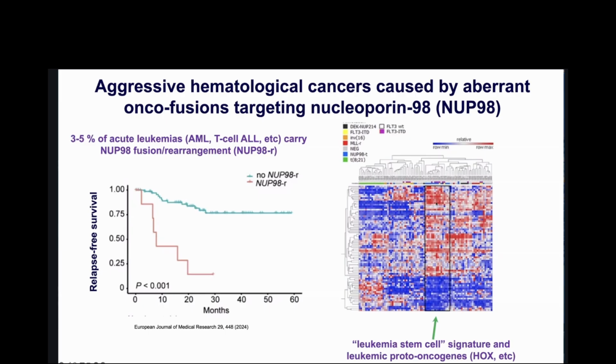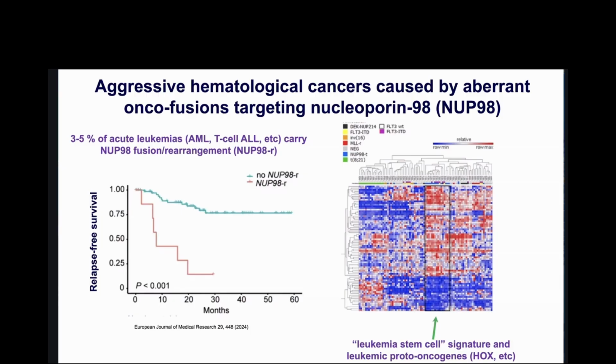And transcriptome-wise, we also know why that is the case. When you look into patient samples with the NUP98 translocation, you can see these leukemic samples express a lot of the so-called leukemic stem cell signature, for example the Hox genes, MEIS1 and PBX, those so-called proto-oncogenes for leukemia, several of which I'm going to touch on later.